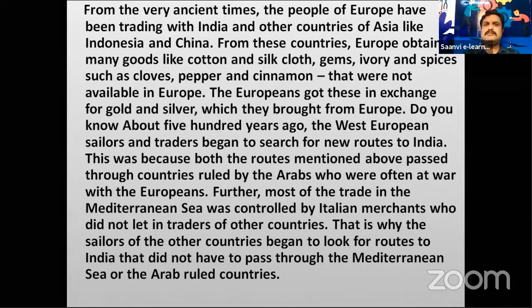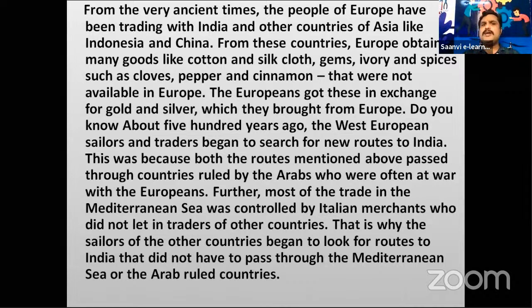Okay, many different spices, and the same way different types of cloth, which were unknown to them and not available in Europe. The Europeans got these in exchange for gold and silver, which they brought from Europe.